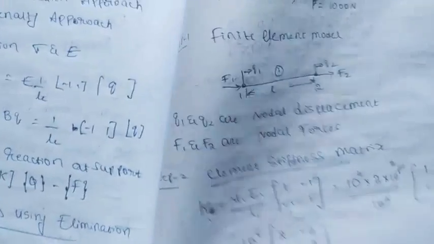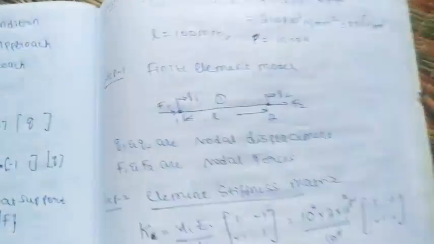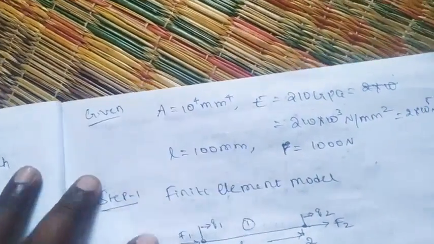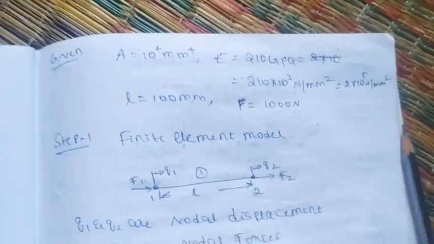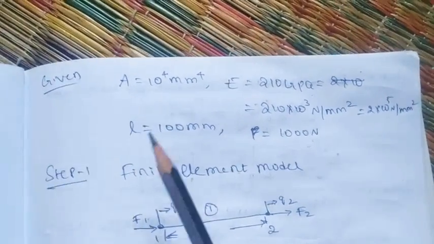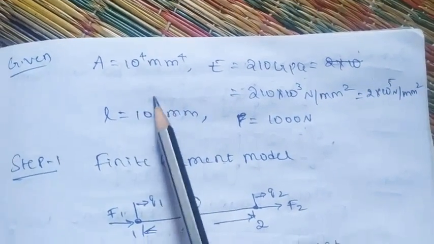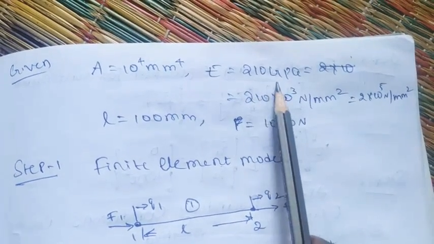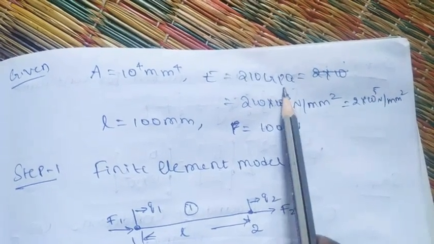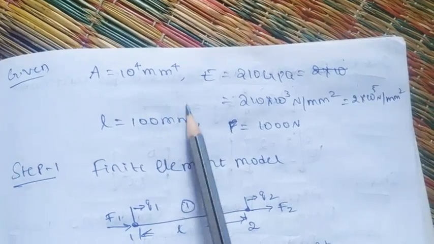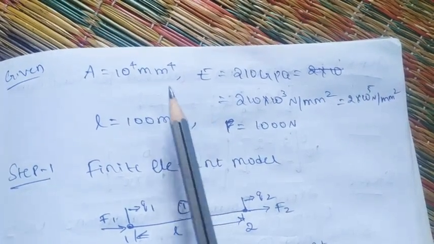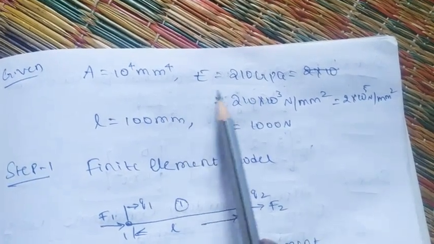As you know, for all numerical problems, the first step is to write the given data, and convert all the units into common units. Here E is 210 GPa, gigapascal. Everywhere mm, either you can keep it in mm or meter or centimeter, usually we follow mm only.